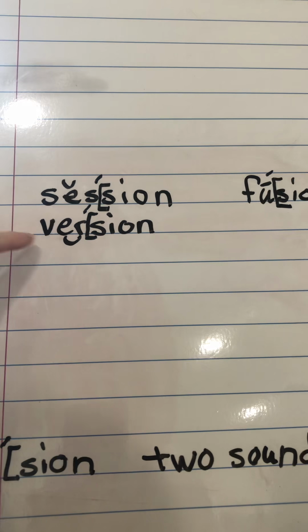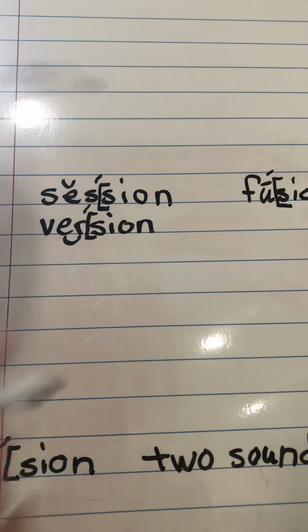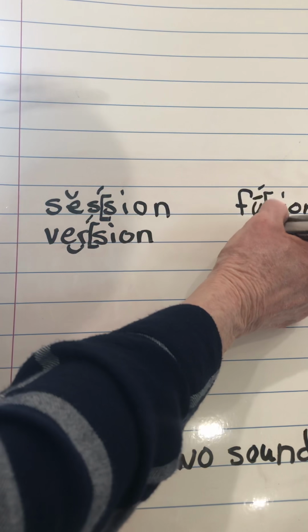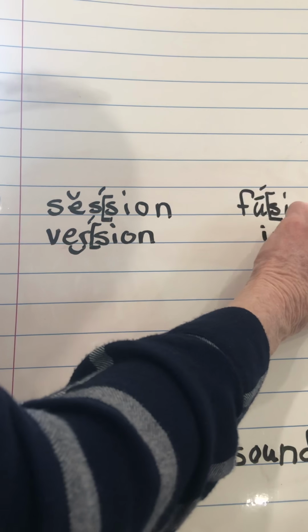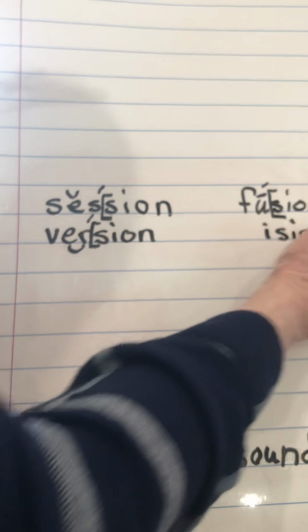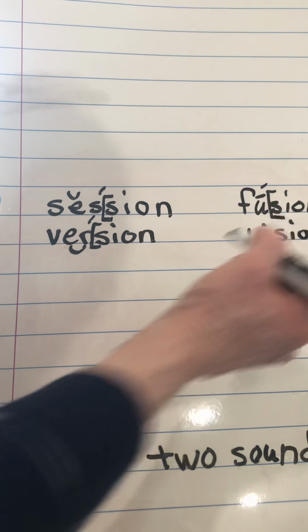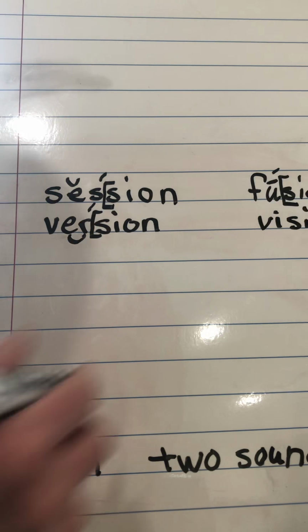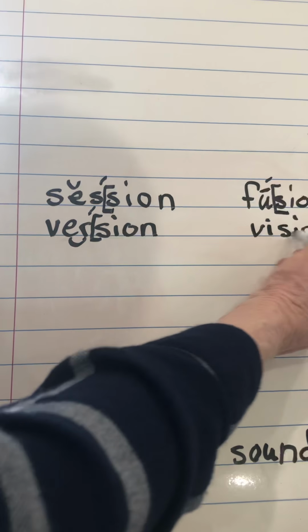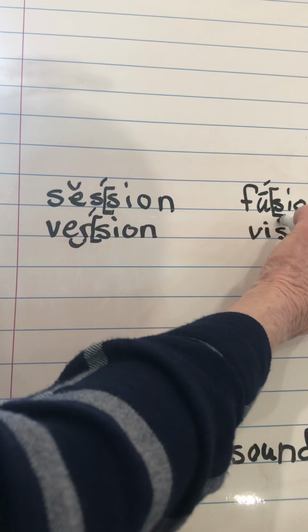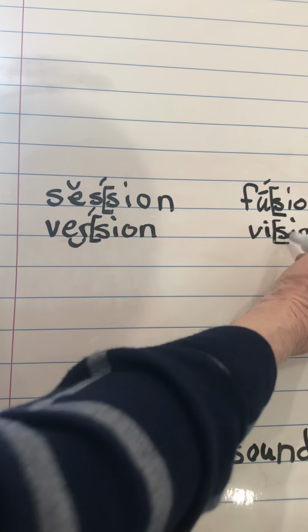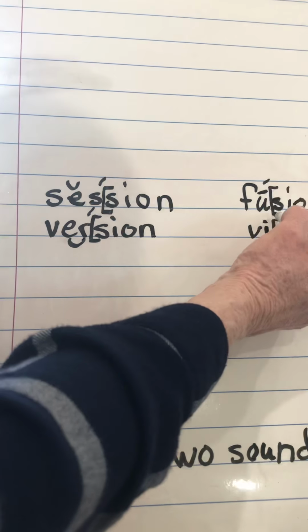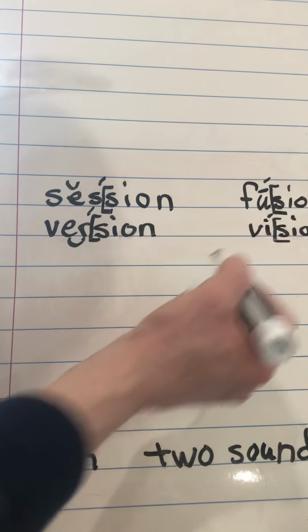Again, just like here, I have an R, changing my rules again. I also have an I that will change my rules. So if I have an I in front of here, then I look at this and I see that I have a final stable syllable. I'm going to bracket it. And then I'm going to put my accent mark.